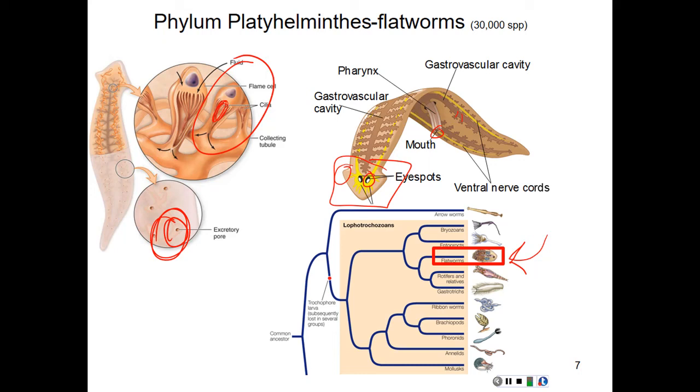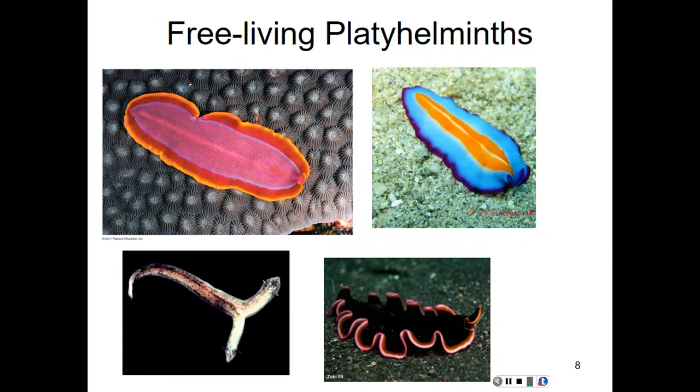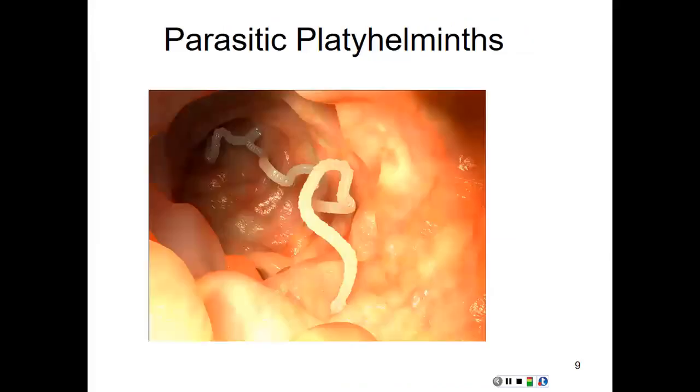And they do, as you can see, also have a concentration of the nervous tissue up here, and they have those longitudinal nerve cords going down the body. So those are our free-living flatworms. We also have many parasitic flatworms. In fact, over half of all flatworms are parasitic.